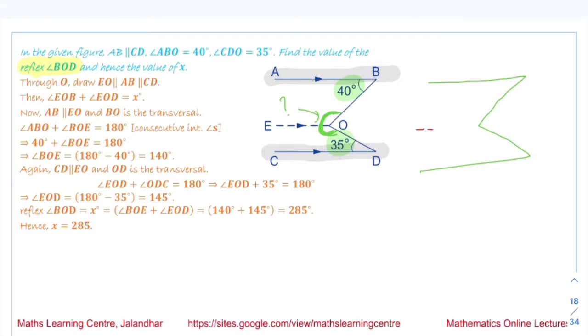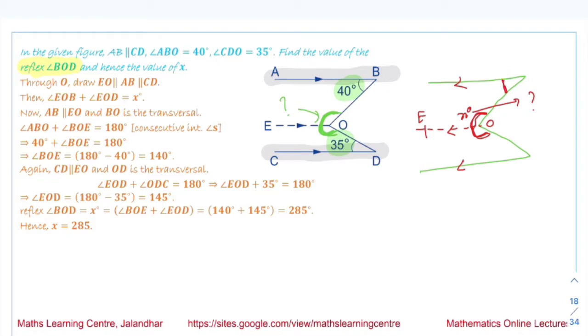We construct a line here, OE, which is parallel to both these lines. Suppose this whole angle, EOB plus this angle, is X degrees. We have to calculate the value of X.